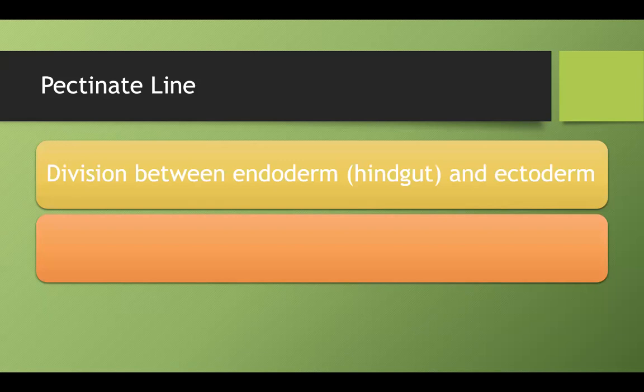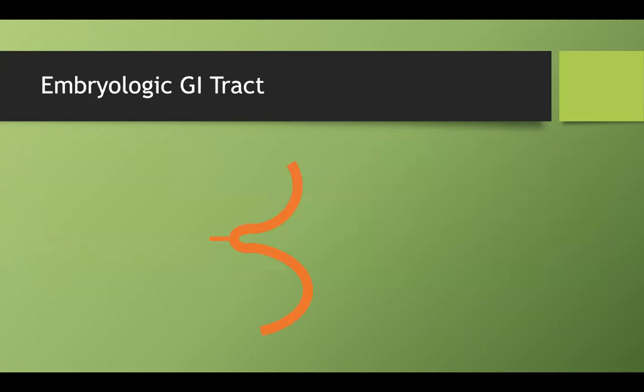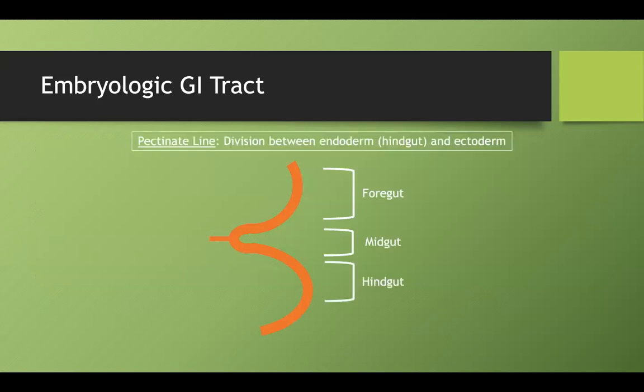This line divides your endoderm and your ectoderm. And so what does that mean? So remember, when you look at embryologically how our GI tract is forming, we have our embryologic foregut, midgut, and hindgut. And the pectinate line will help divide this hindgut from a different type of tissue.